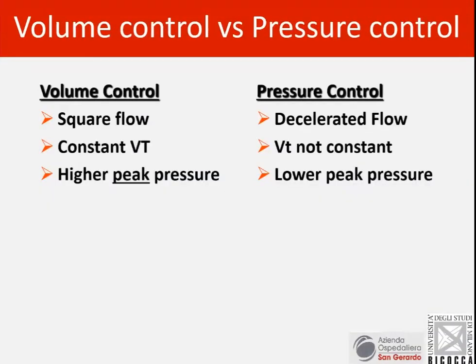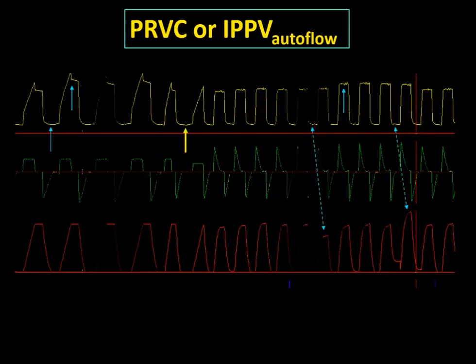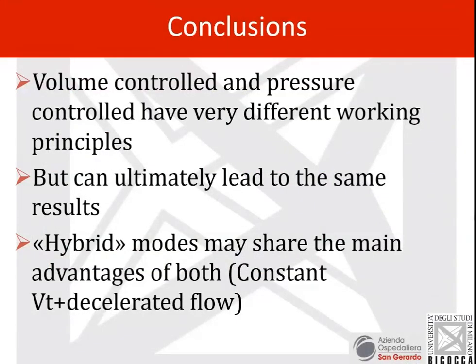I think I'll stop it here for the sake of time. Volume-controlled and pressure-controlled ventilation have very different working principles, but basically we can achieve the very same results no matter whether we use volume or pressure control modes.